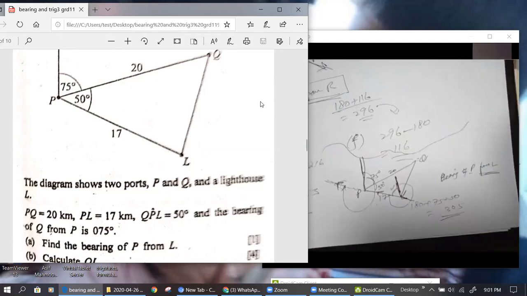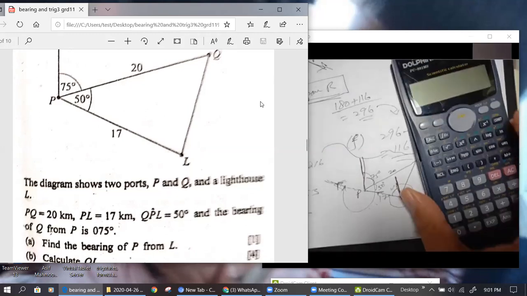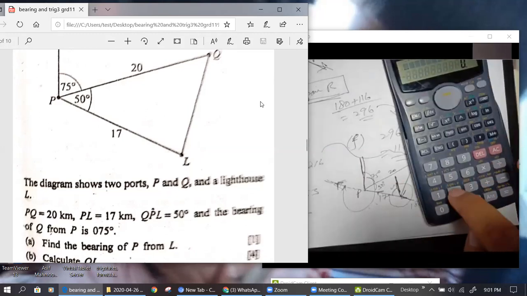Cosine rule is so simple. We always directly put all the values on the calculator and take a square root. So 20 squared plus 15 squared minus 2ab cosine 50, where a is 20 and b is 17.